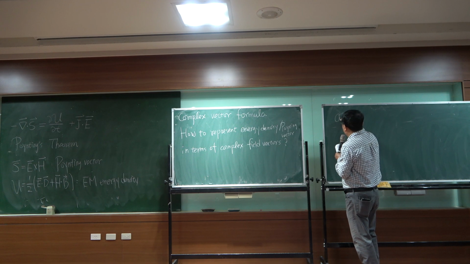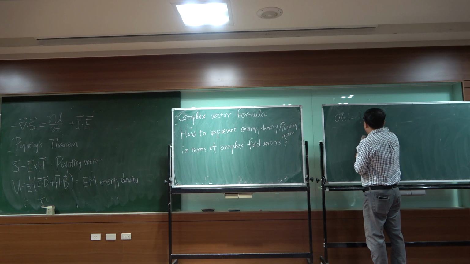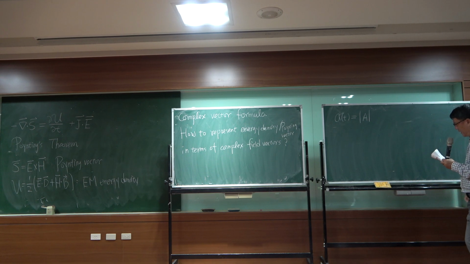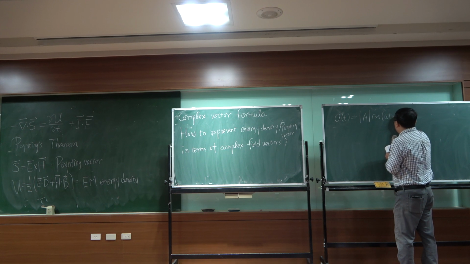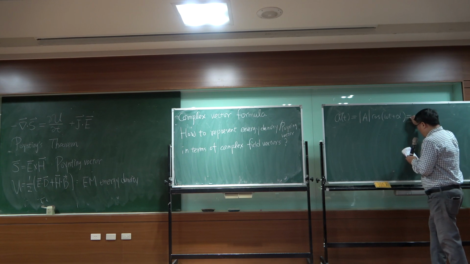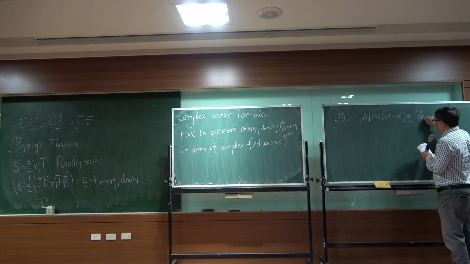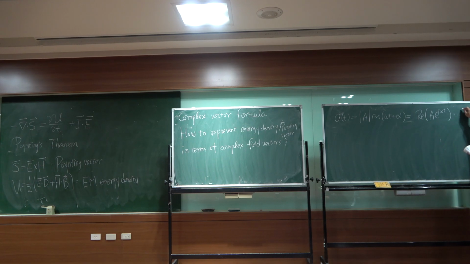suppose I have A equal to some absolute value of A times cosine of omega t plus alpha. Suppose I have this quantity, which can be written as the real part of A e to the I omega t. Here, A is equal to the absolute value of A times the phase factor.